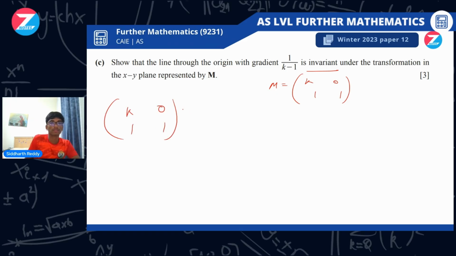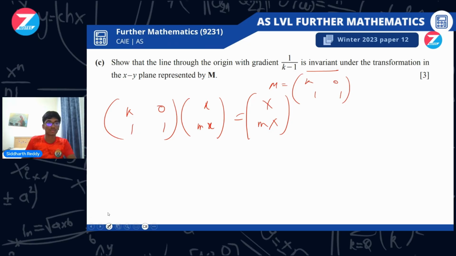If we multiply it by a point x, we get another point on the same line. So this should be satisfied for the line to be invariant.